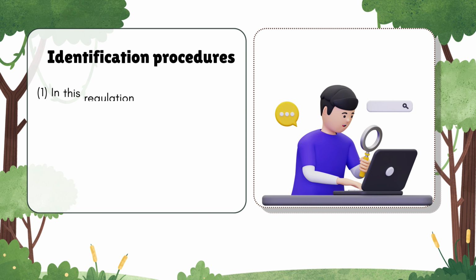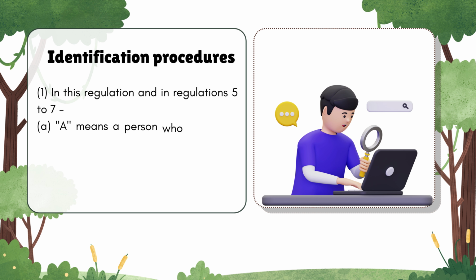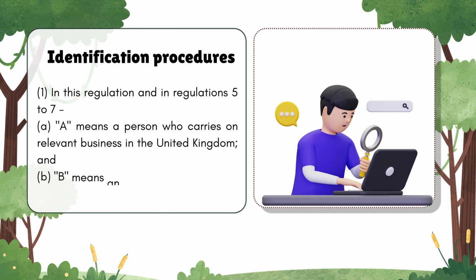Identification procedures. 1. In this regulation and in regulations 5 to 7, A means a person who carries on relevant business in the United Kingdom, and B means an applicant for business. 2.